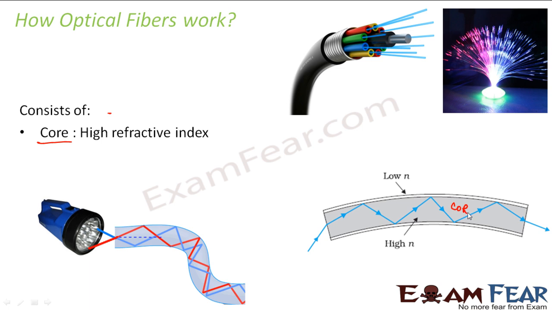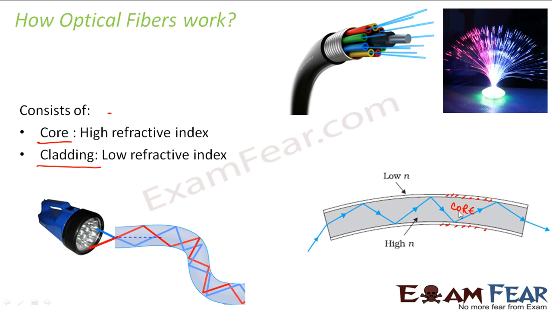So this is the core, and this core has a high refractive index, and a cladding which has a lower refractive index. This part is the cladding. This boundary which you see on both sides is the cladding, and this cladding has a lower refractive index.